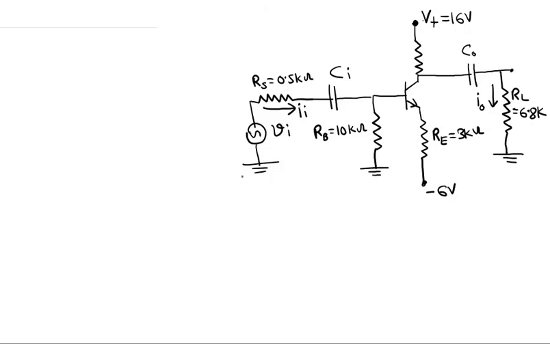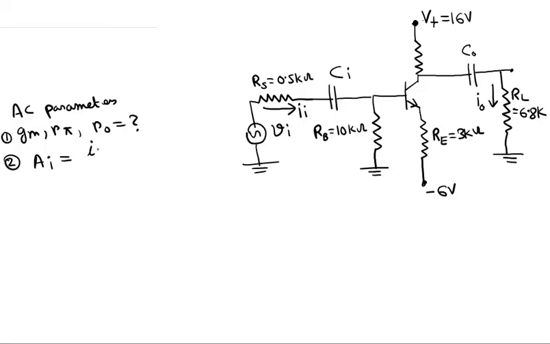So what we have to find is basically these three AC parameters or small signal parameters, GM, R pi and R0. This we have to find. This is number 1. Number 2 is we have to find the current gain AI equal to I0 divided by II.